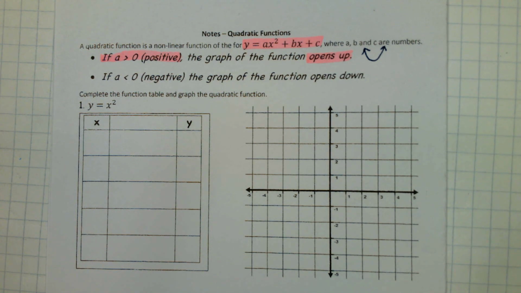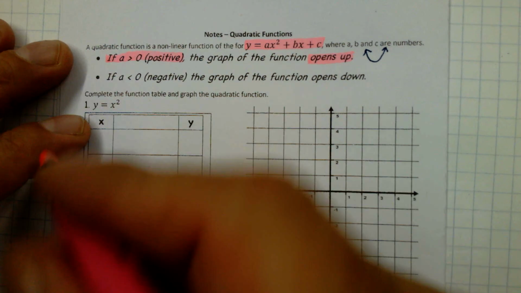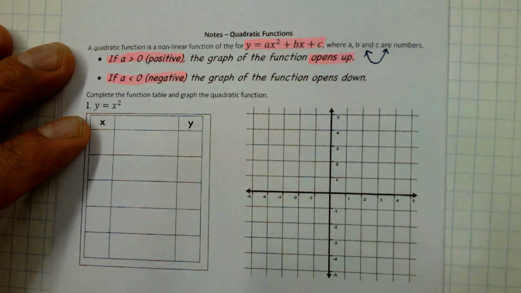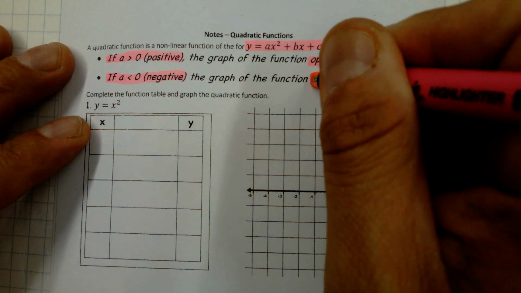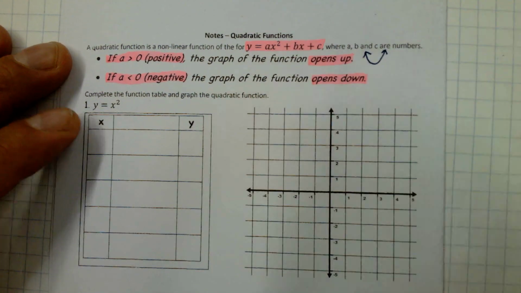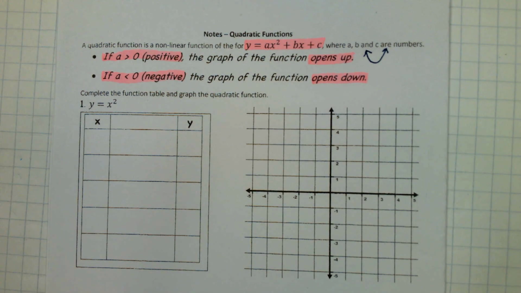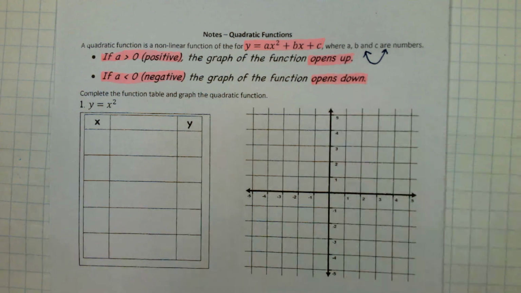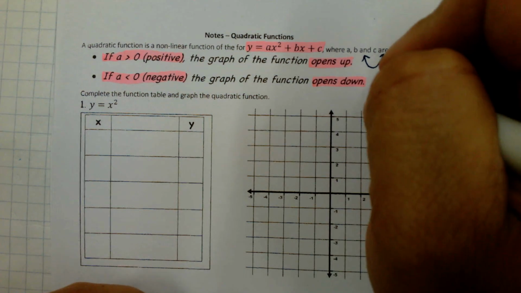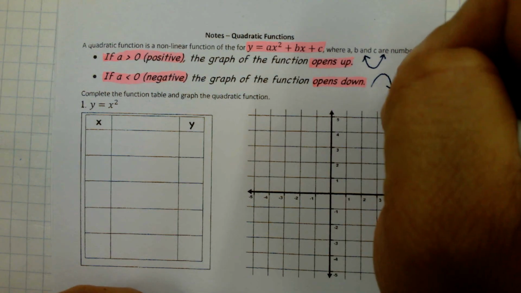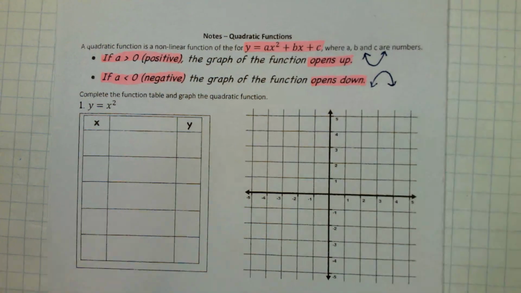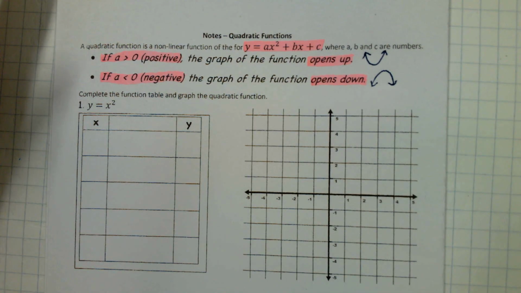However, if A is less than 0, so if that number in front of the x squared is negative, the graph of the function opens down. So instead of opening upwards, it's going to do one of these. Okay? All right.